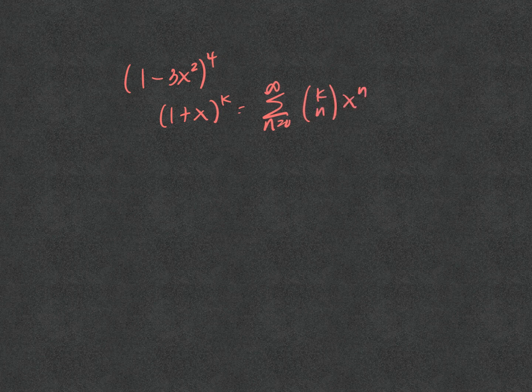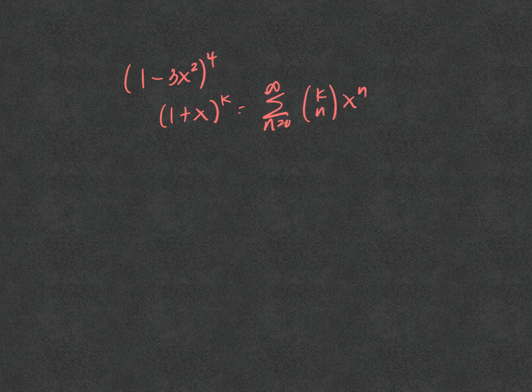Okay, so let's look at 1 minus 3x squared to the 4th power. Why not? Now we know that 1 plus x, the whole binomial raised to the k power, is the series from n equals 0 to infinity, k choose n, x to the n.